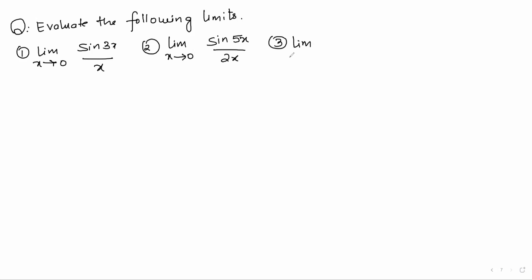Please try this one. Limit x tends to 0, sine ax by sine bx.